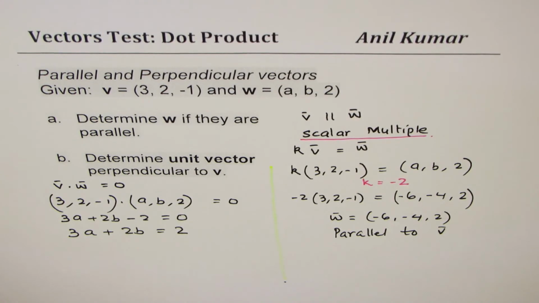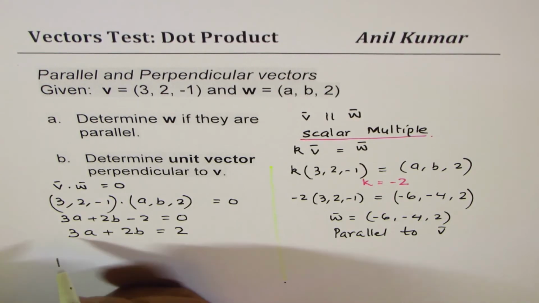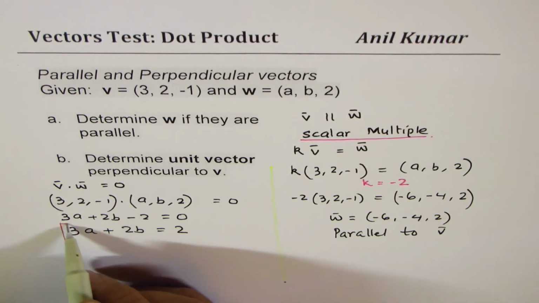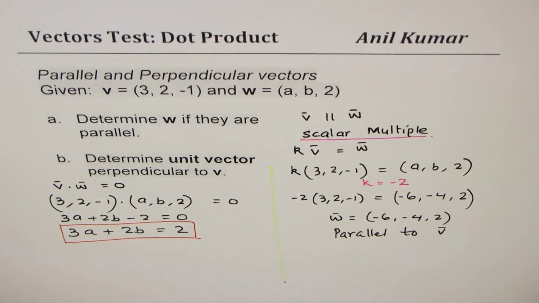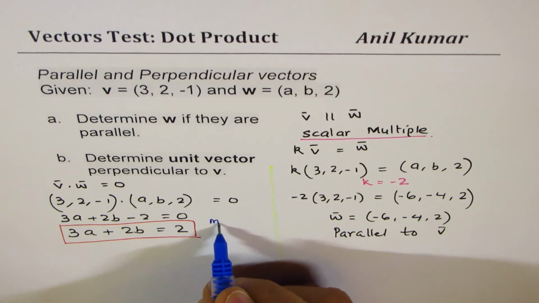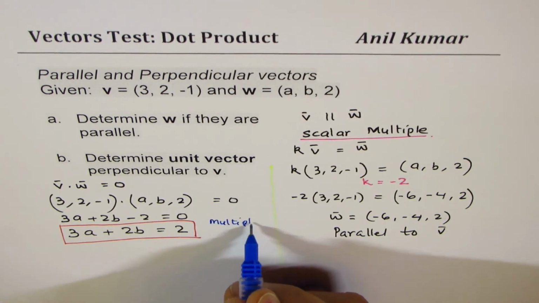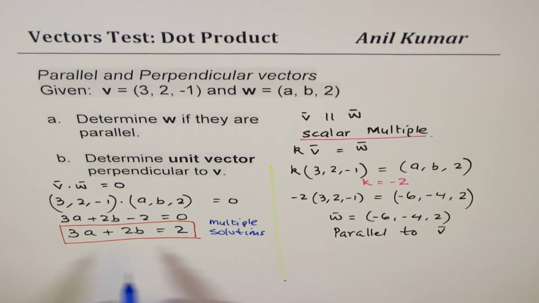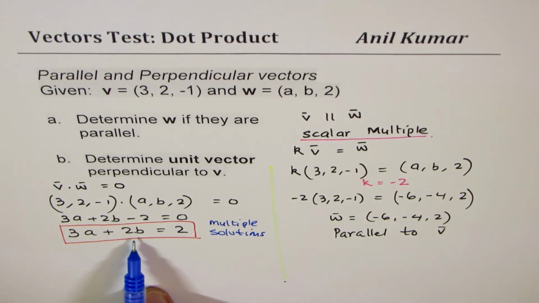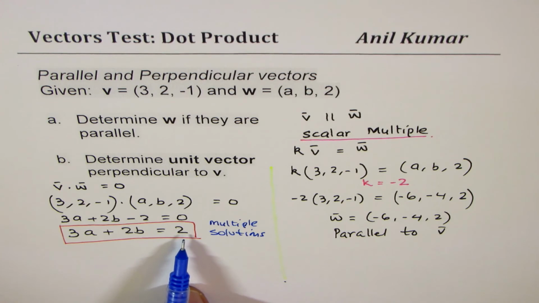Now that is a linear equation with two unknowns, a and b. So that means we have multiple solutions, right? So the idea here is that you could give different values of a and b and then calculate, correct? That's the whole idea.